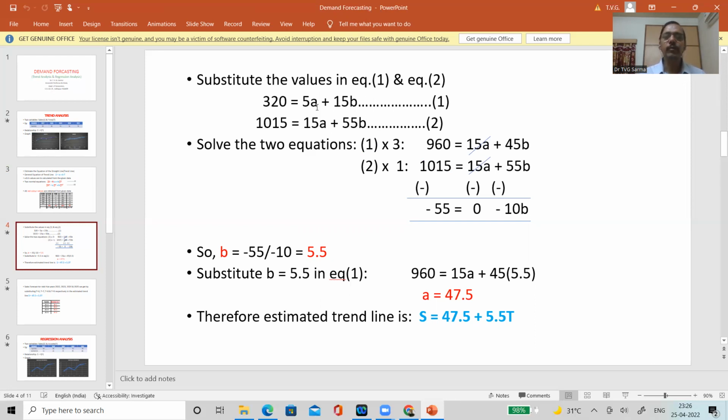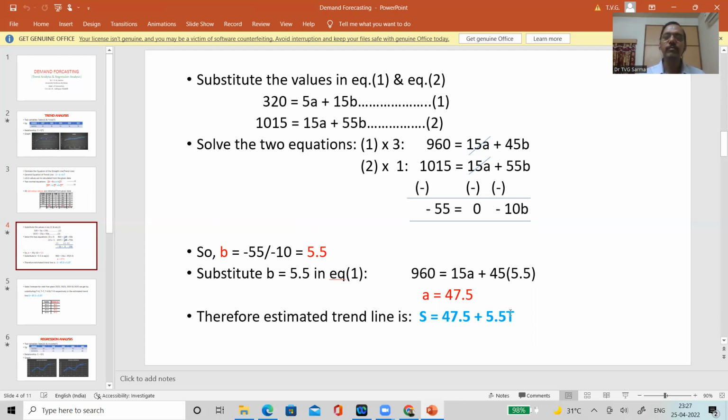That is 960 is equal to 15A plus 45 times B, and I get A as 47.5. Therefore the estimated trend line is 47.5 plus 5.5 T.